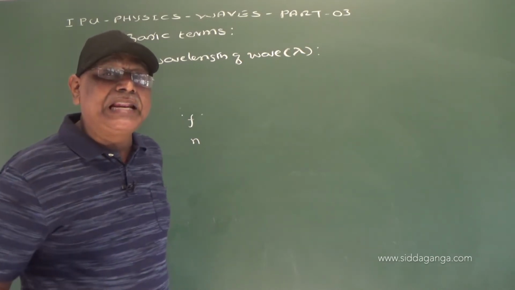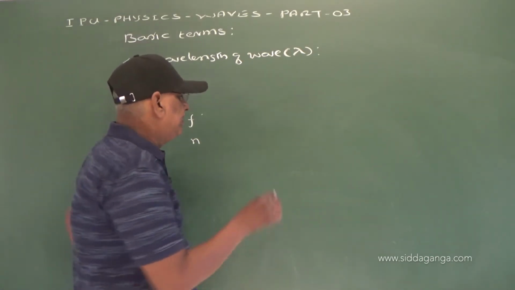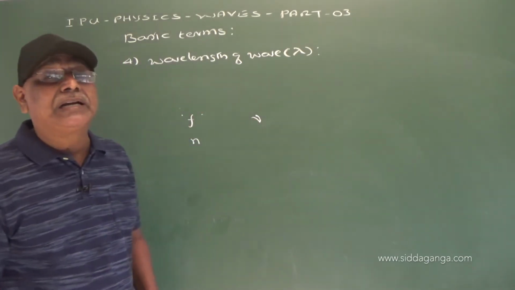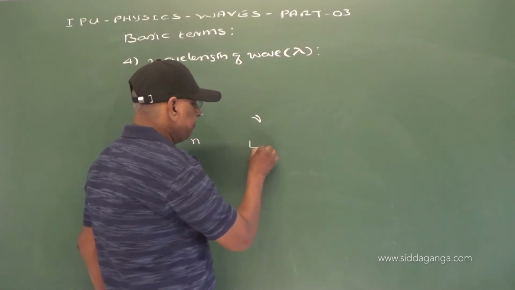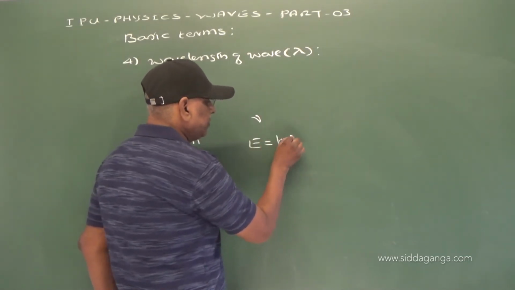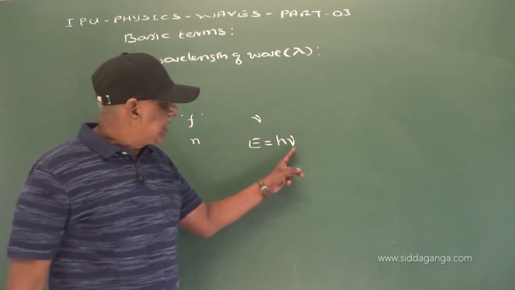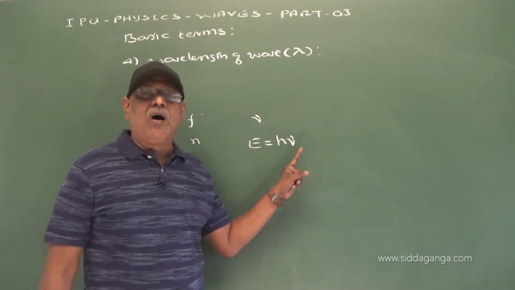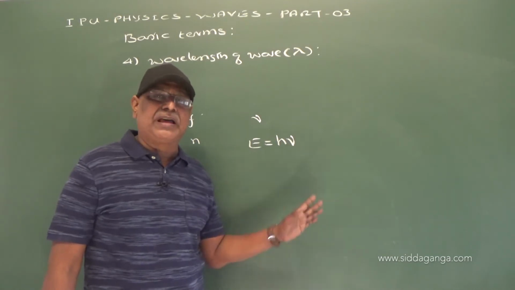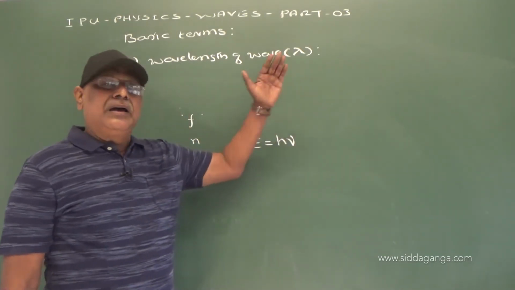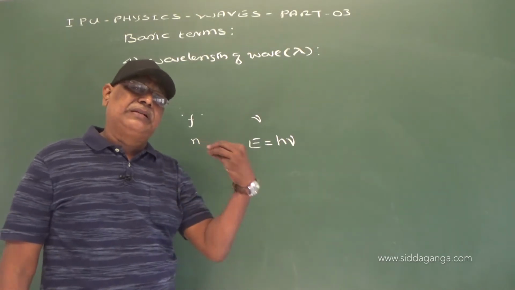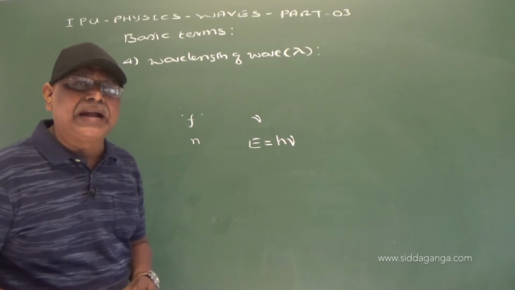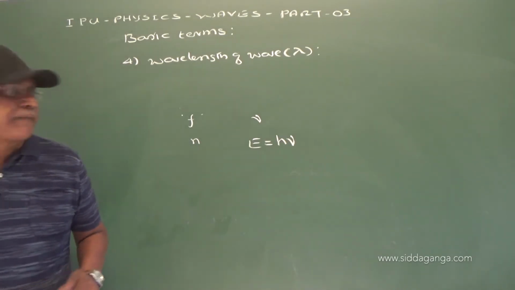But as far as electromagnetic wave is concerned, the frequency is denoted by the symbol nu. Remember Planck's law, E is equal to h nu, where nu is the frequency of radiation or light, which is an electromagnetic wave. But lambda is the symbol used generally for both electromagnetic waves and mechanical waves.